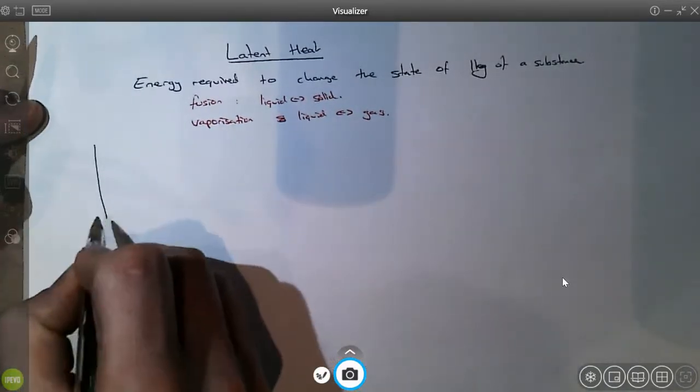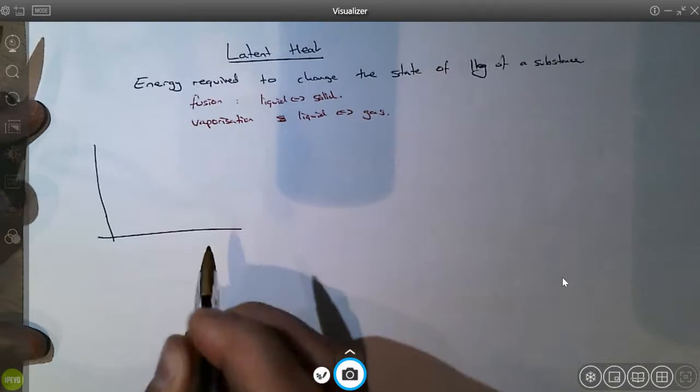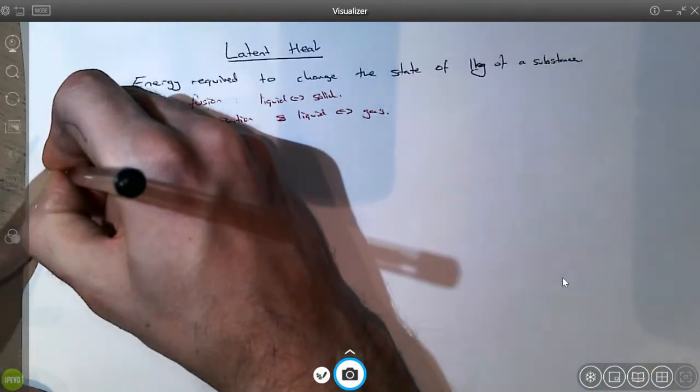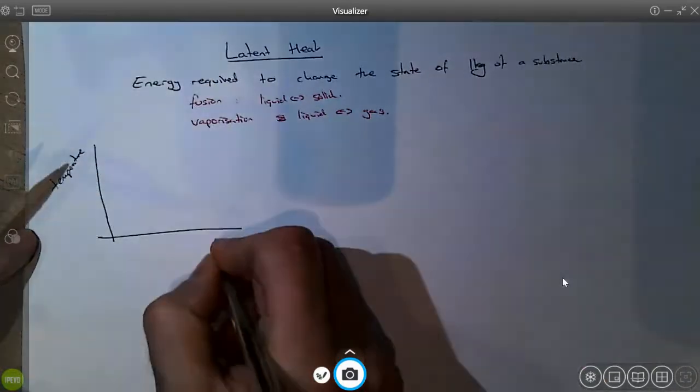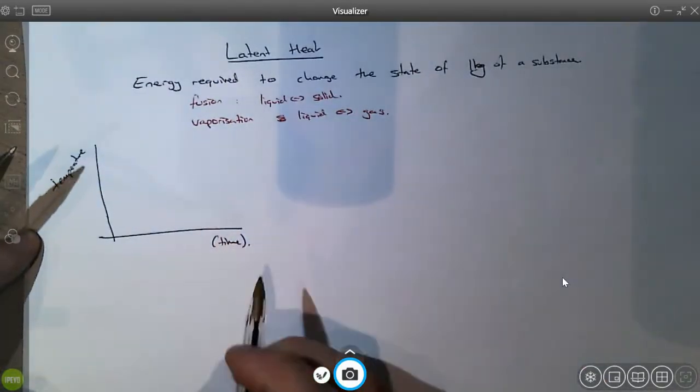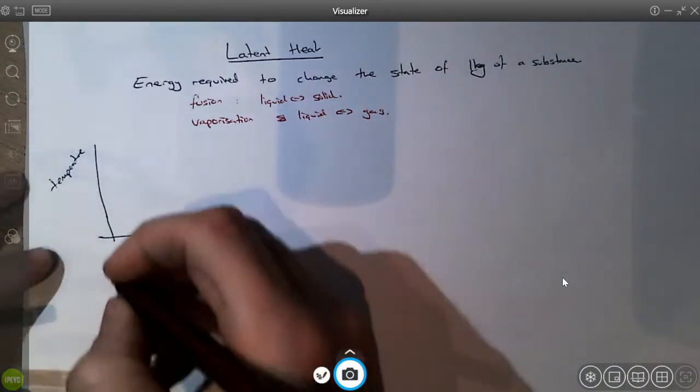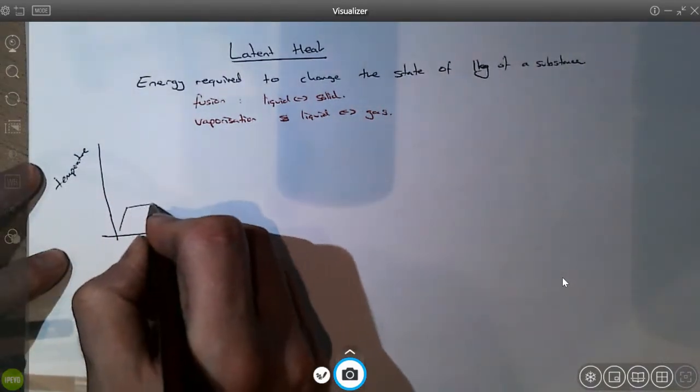And we should at all times be linking it to this diagram where we're thinking about temperature. And this axis isn't always labeled, but I guess it'll be time when we're heating a substance up. And the graph looks a bit like this.